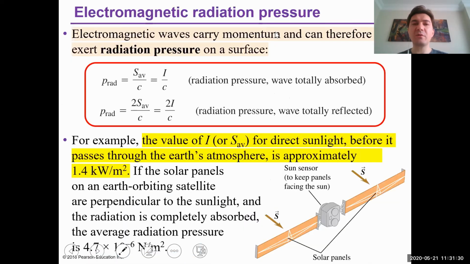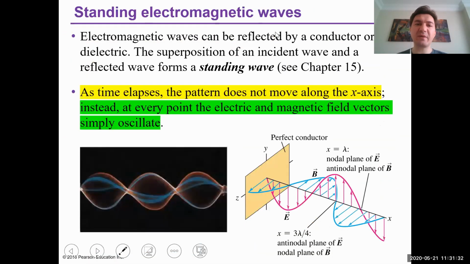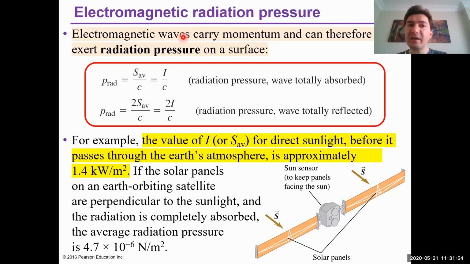So now let me continue with the electromagnetic pressure. Electromagnetic waves carry momentum, and they can therefore exert radiation pressure on a surface. This radiation pressure is given by average value of the Poynting vector over velocity of light, or intensity over C. This is when the electromagnetic wave is totally absorbed.